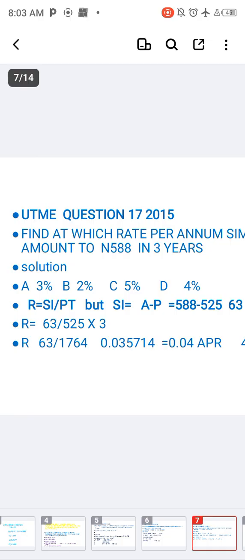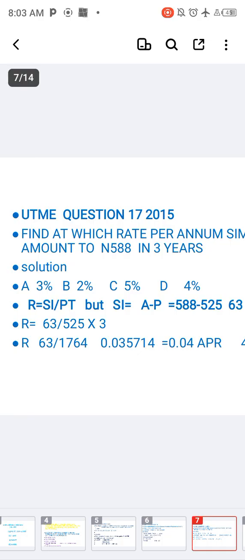In the question, the interest is not given, but the principal, the amount, and the years are given. So it is very simple to first calculate the interest, because it is the interest you are going to use. The interest is the amount of money at the end minus the principal.